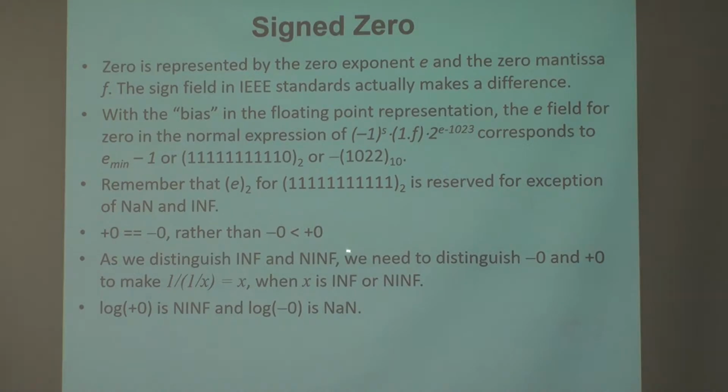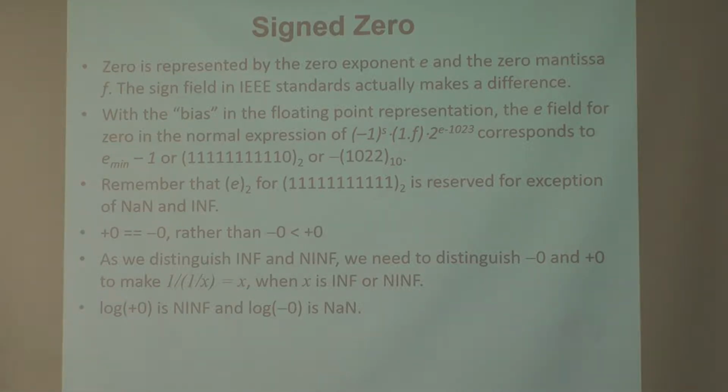Since we distinguish these two, you imagine this should be always true, right? The inverse of the inverse function should always be itself. But if x is infinite or negative infinite, and you don't distinguish between the two zeros, this will be 1 over 0, this is negative infinite, say x is negative infinite, and you'd have no distinction of positive 0 and negative 0, these may not be equal, right?